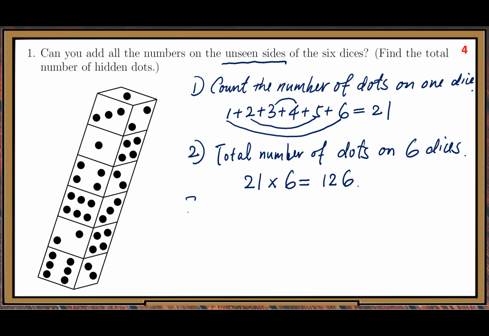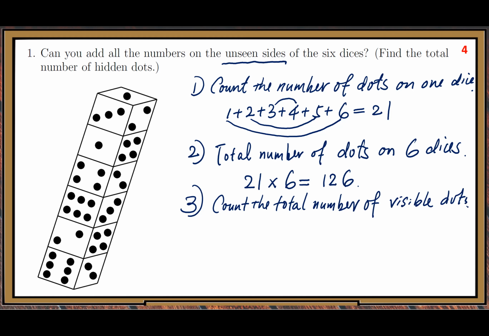Step 3, count the total number of visible dots. Now you need to count one by one. The first dice, visible 6. Second one, visible dots 5.